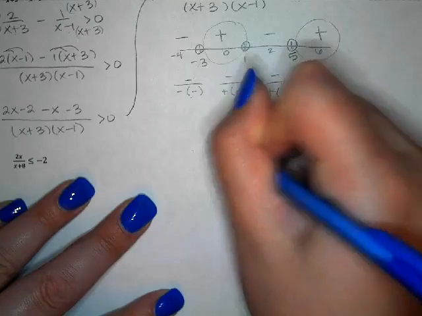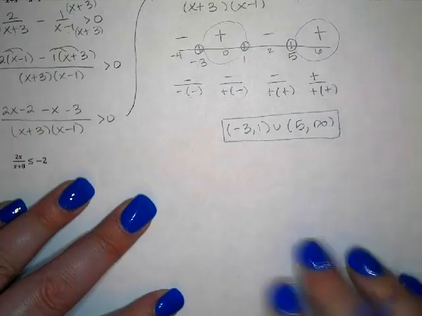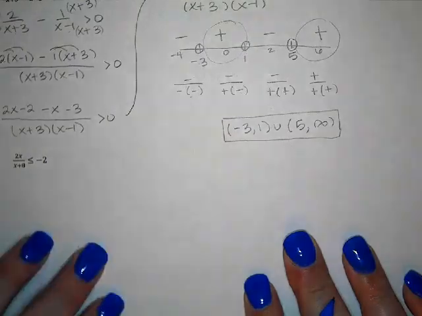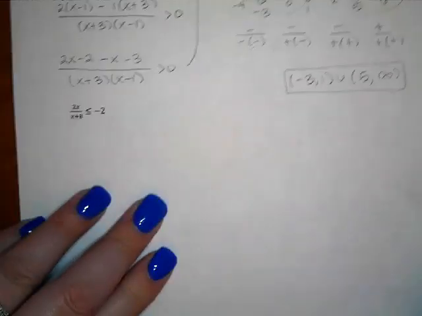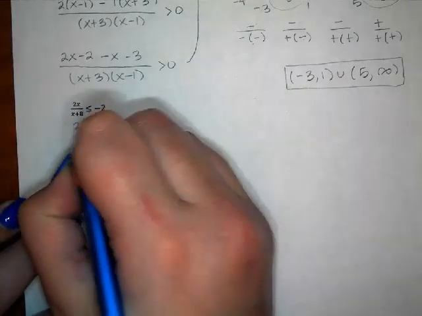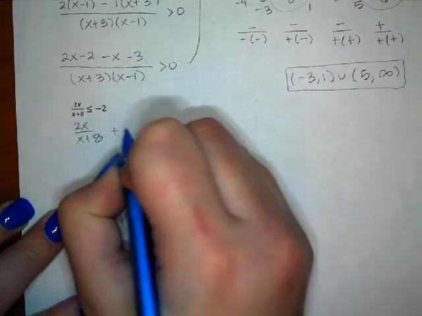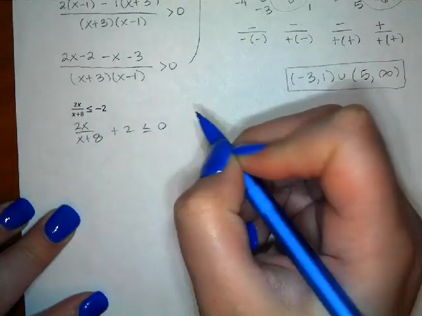All right, last one. So we're going to make this so that we have 0. I need a common denominator. And so I'm going to take this fraction and multiply by x plus 8 over x plus 8.